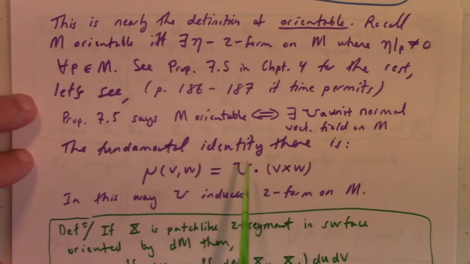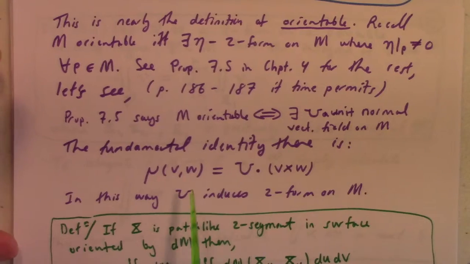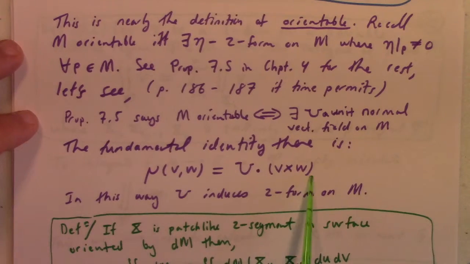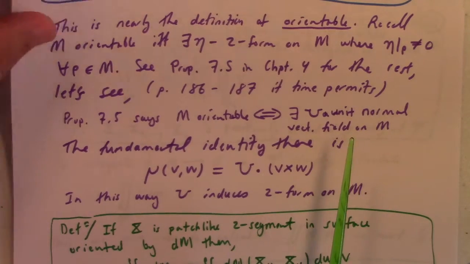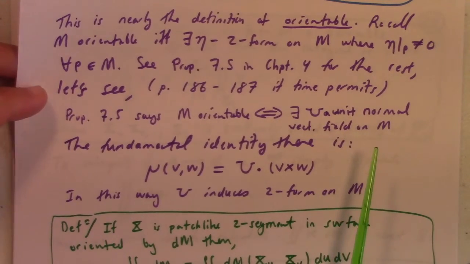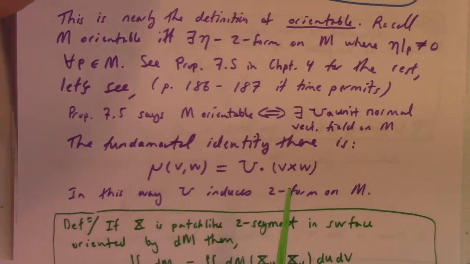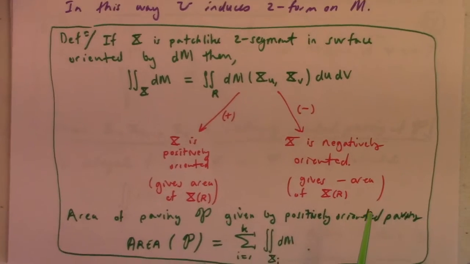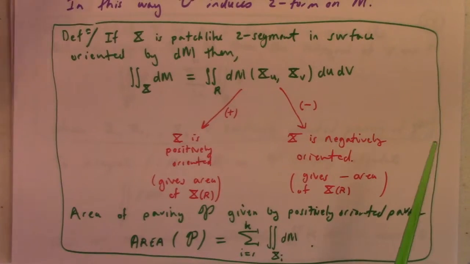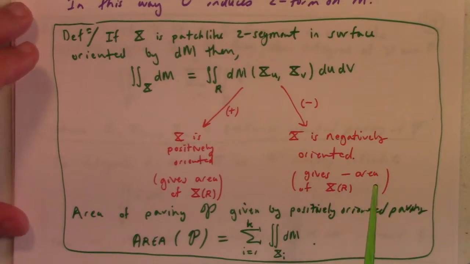And there's also this fundamental identity from there, which is that mu of V, W is U dot V cross W, where U is the unit normal, right? So in this way, the unit normal induces a two form on the surface. So we can go back and forth between unit normals and two forms on the surface. So here's a definition, then, in view of that lovely bit of technology.